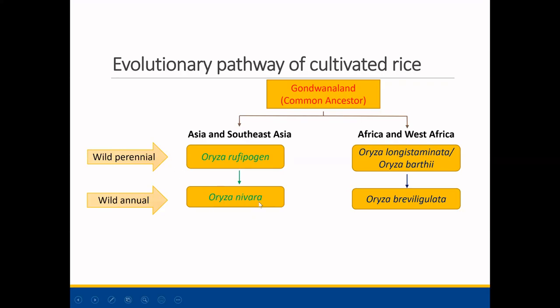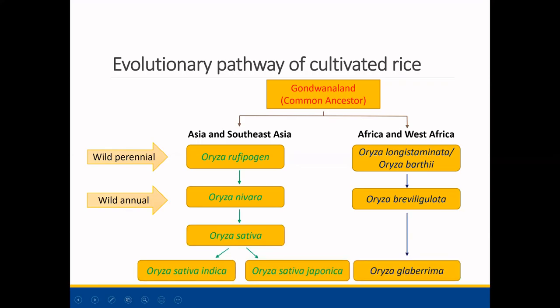In Asia and Southeast Asia, we had Oryza nivara, but if you go to Africa, that's Oryza barthii. So it evolved into annual. It was perennial, producing seeds and having rhizomes, so they could survive for years. From that it evolved into annual, now producing from seeds.